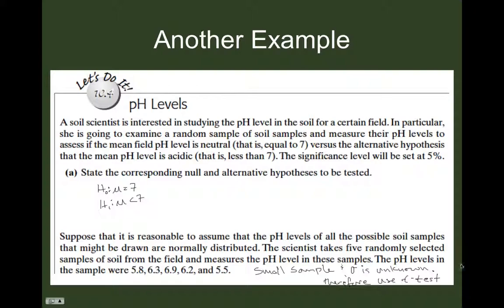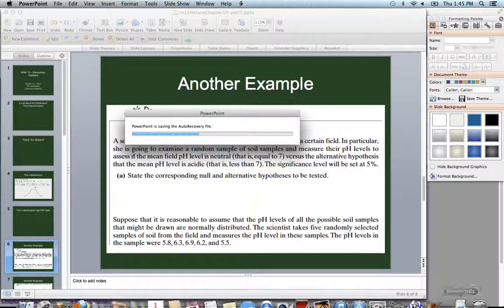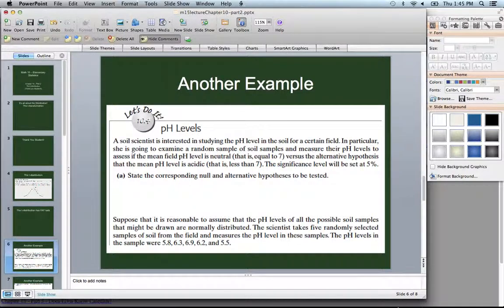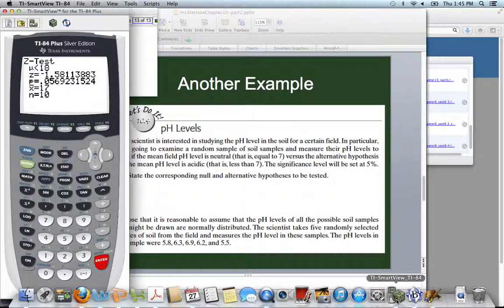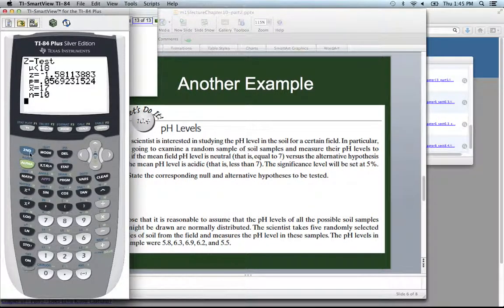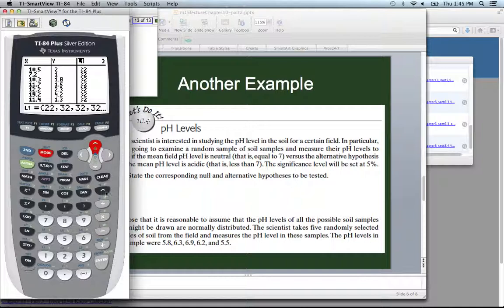Let me get my calculator going here. The first thing we're going to do is enter the data. I'm going to go to Stat and Edit, and I'll just use L1. So I'll clear what's in L1, and I'm going to enter these data values.